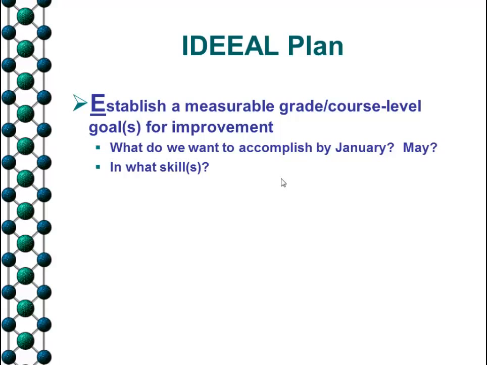So always include both pieces. Be as specific as possible when you are describing your measurable goal, because that will only help you determine the evidence that you're going to collect in order to show that students have met the level of achievement.